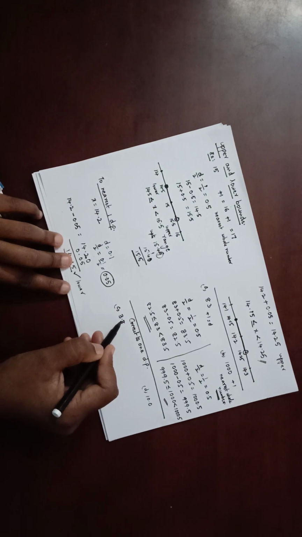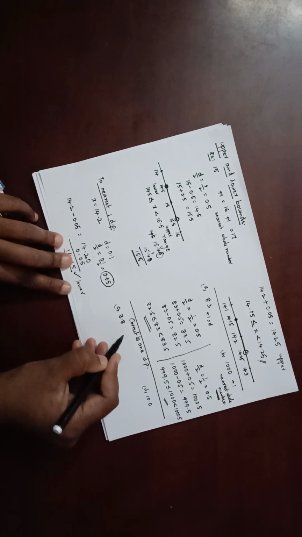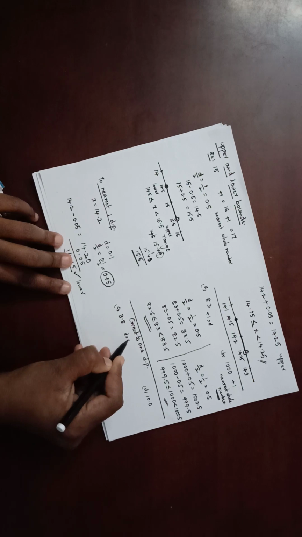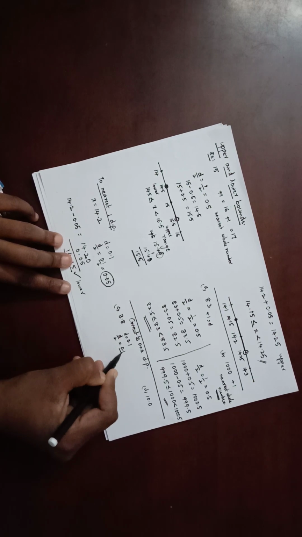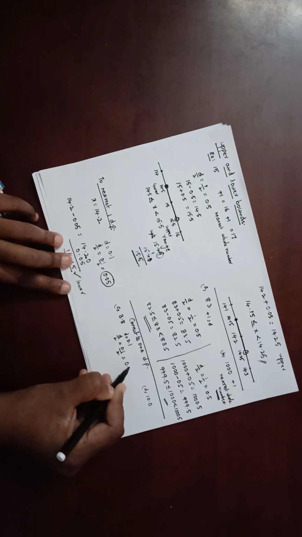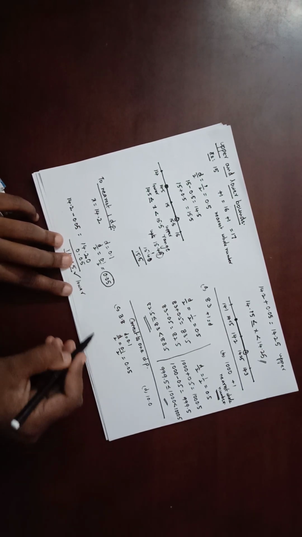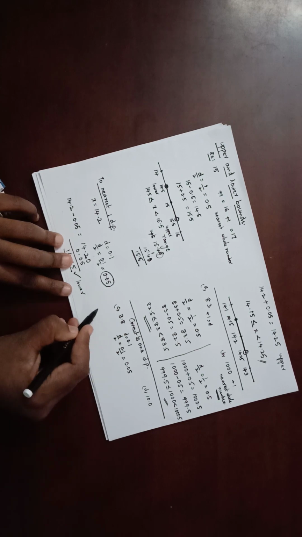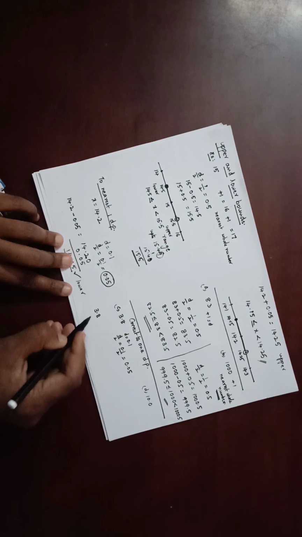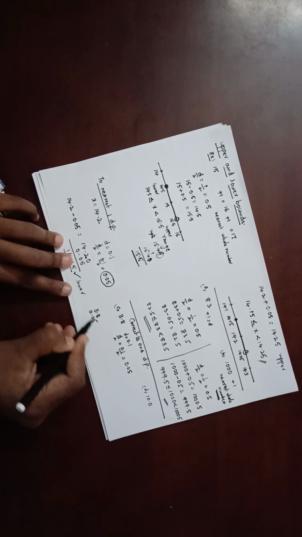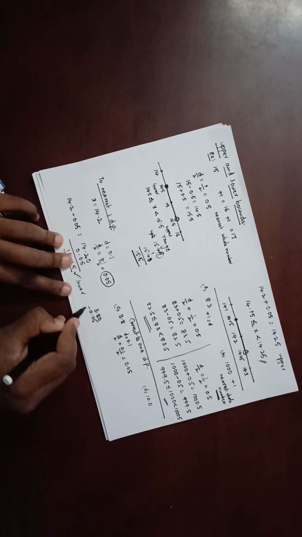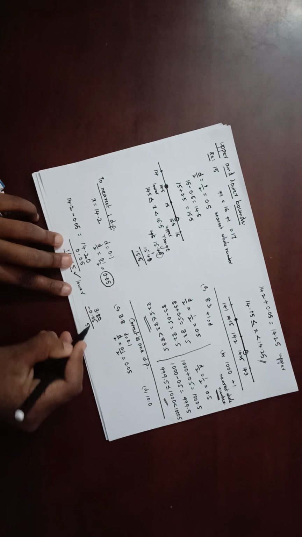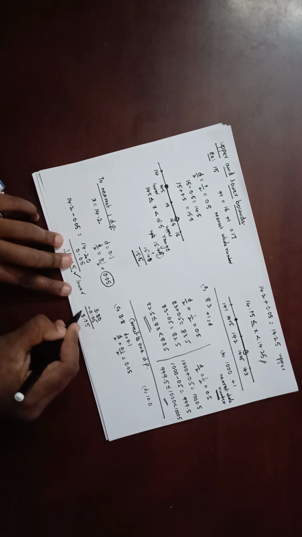To get 3.9, what is your d? D is 0.1. So d by 2 is 0.1 by 2, that is 0.05. This you should subtract and add. 3.8 minus 0.05: here nothing is there, so 10 minus 5 is 5, 7 and 3.